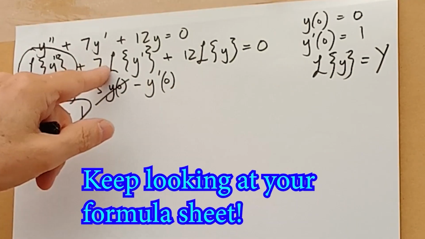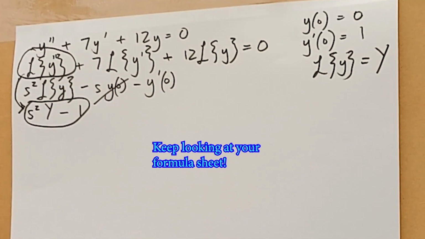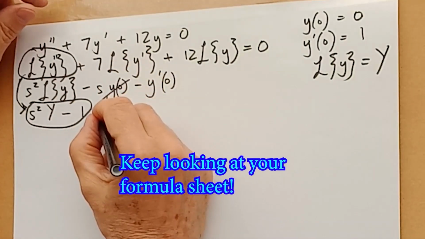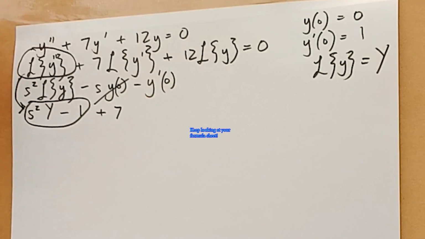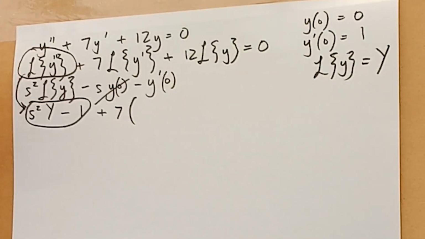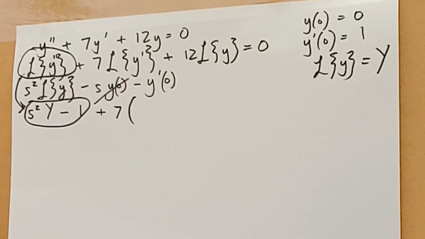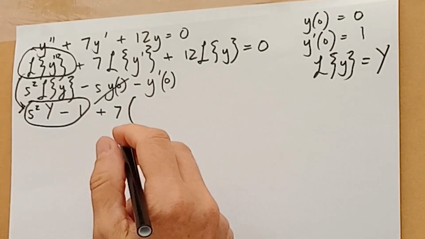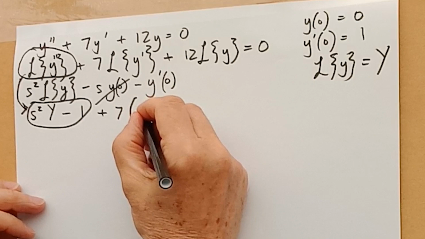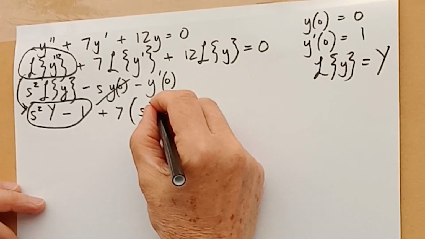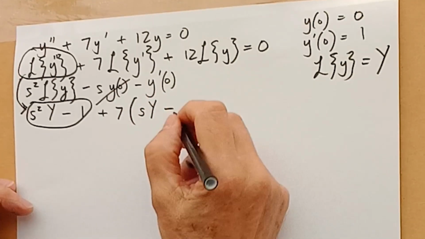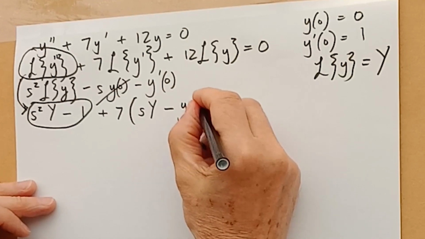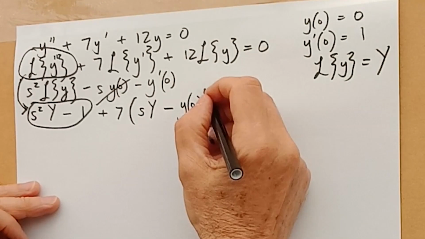And now we do the same for the y prime piece. So plus 7 times the Laplace of y prime, which is s times the Laplace of y, take away the first initial condition.